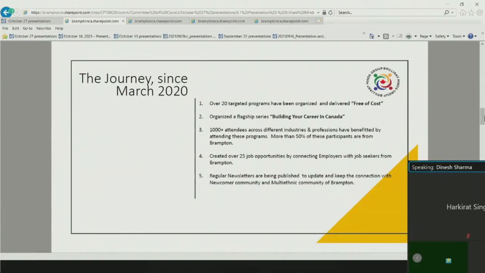Our programs have been attended by 1,000 participants across different industries and professions. More than 50% of these participants are from Brampton itself. We've created 25 job opportunities by connecting employers with job seekers from the Brampton region. And regular newsletters are being published to keep connections with the newcomer community and multi-ethnic community of Brampton. Next slide, please.